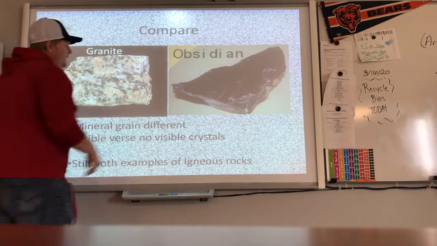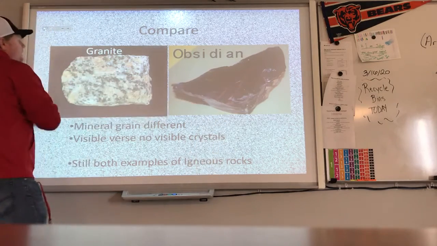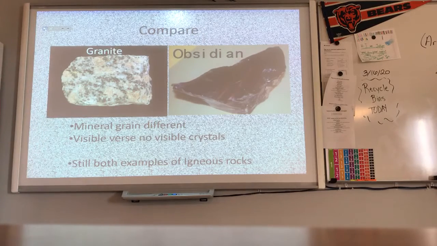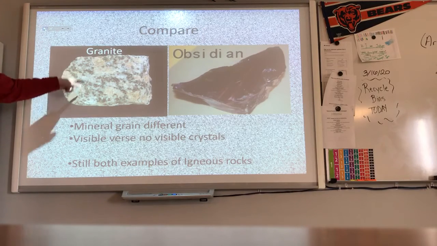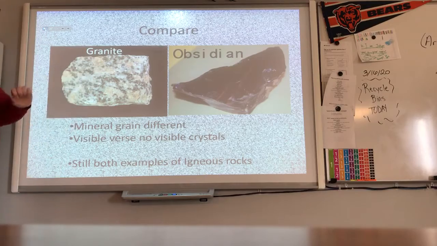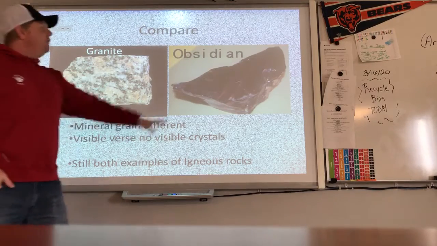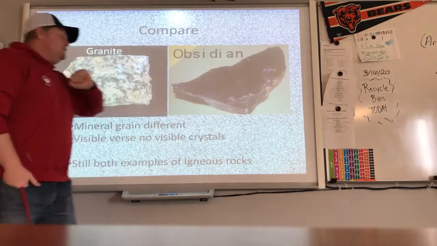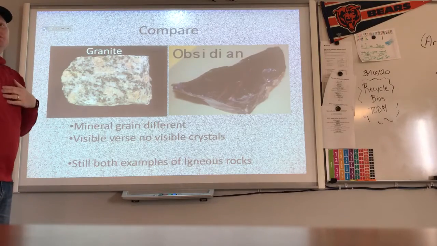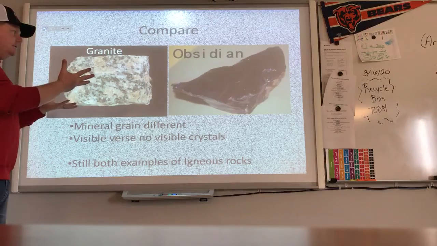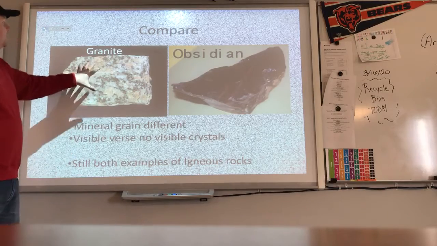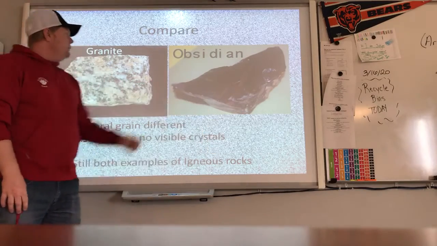One would be an extrusive example. One would be an intrusive example. Large grains. Oh, you can see the grains there. And visible crystals, those few. Fine grain. No visible crystals. But both are still igneous rocks because they melted and they cooled. One inside the earth, one outside the earth.